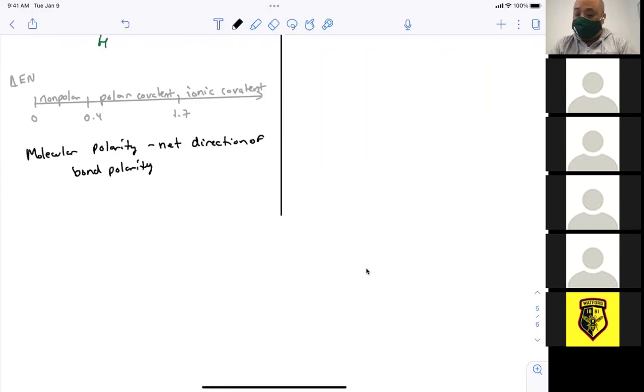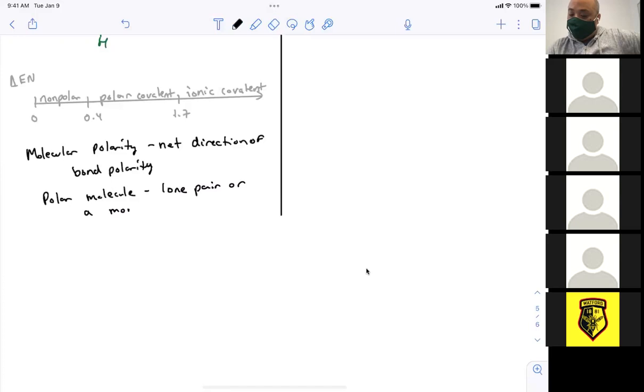And so a molecule is polar if it has... try to be careful here with SL versus HL. A polar molecule has a lone pair or a more polar bond.